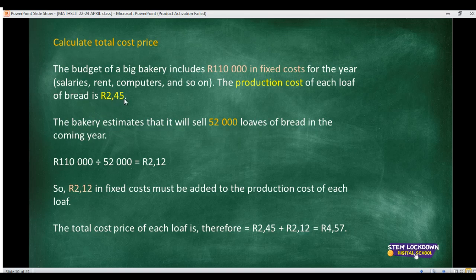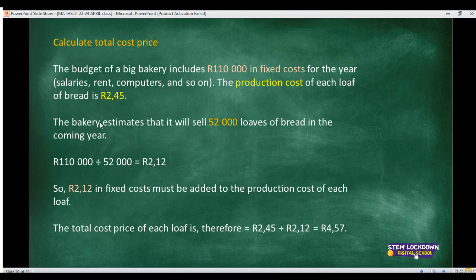What do we need to do here? We need to work out the fixed cost of one bread. We need to break it down to one unit so that we are able to work out the total cost price of 1 unit of bread, or this one loaf. So we will take what? This 110,000 rands of fixed costs divided by 52,000.